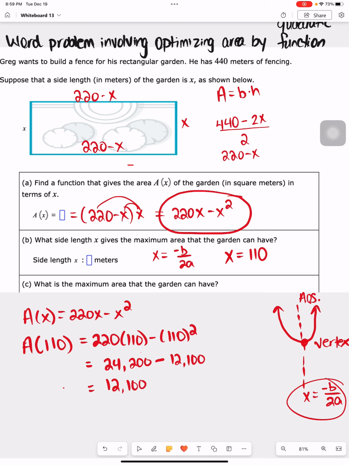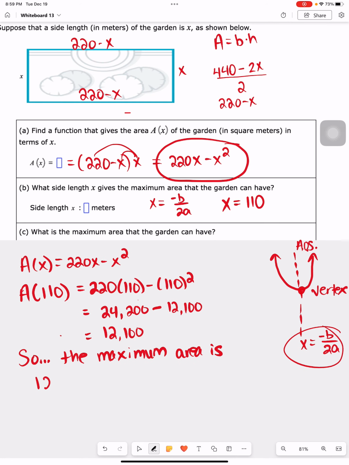So what we found is the maximum area is 12,100 square meters. And I could say, in parentheses, that that's when x is equal to 110.